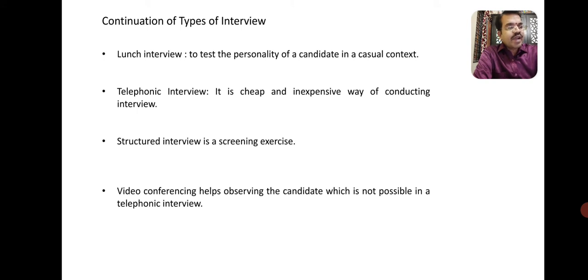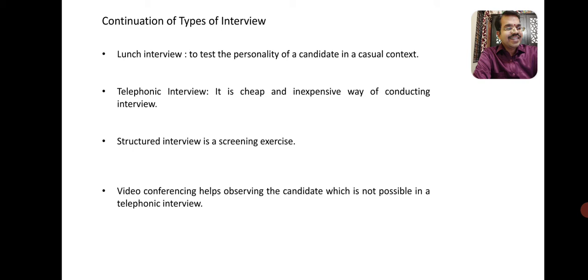So coming back to the concept of video conferencing interview, the main advantage here is that the candidate who is not visible, or who is almost faceless in a telephonic interview, definitely has to show his face.